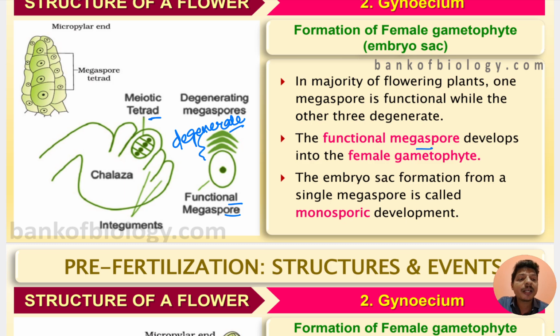The functional megaspore develops into the female gametophyte. The embryo sac formation from a single megaspore is called monosporic development. Remember the term.